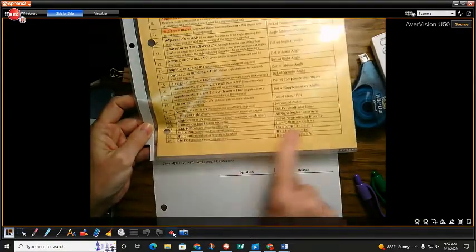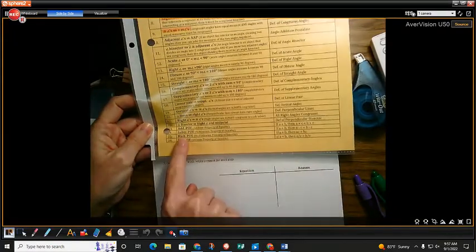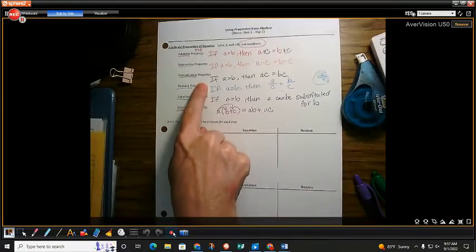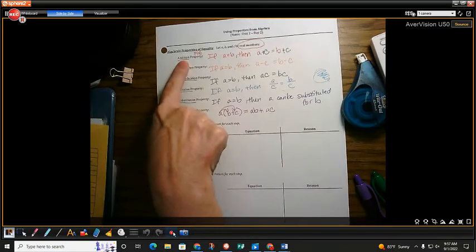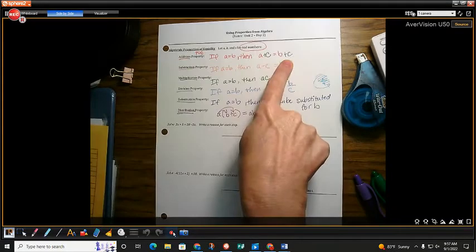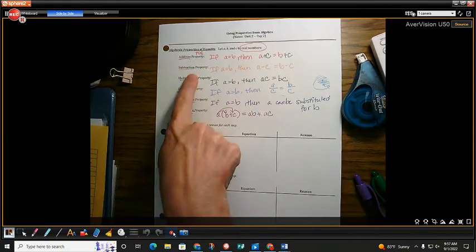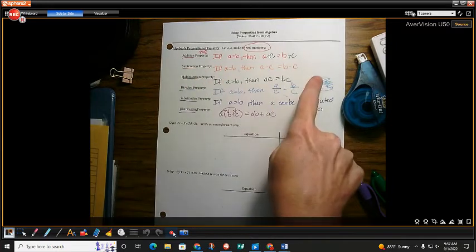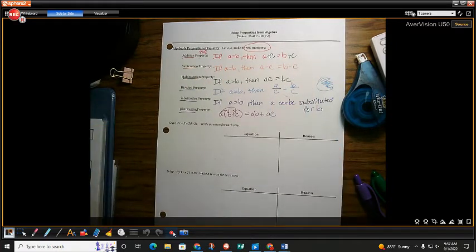The subtraction POE looks like this. And so when you learn these, you're basically going to be learning what you wrote down here. So when you see addition POE, you should be able to write this whole thing. If you see subtraction POE, you should be able to write this whole thing. That's how we're doing those ones, because they're not really implied statements, but they're on our list. You need to memorize them. Know them, love them, live them.